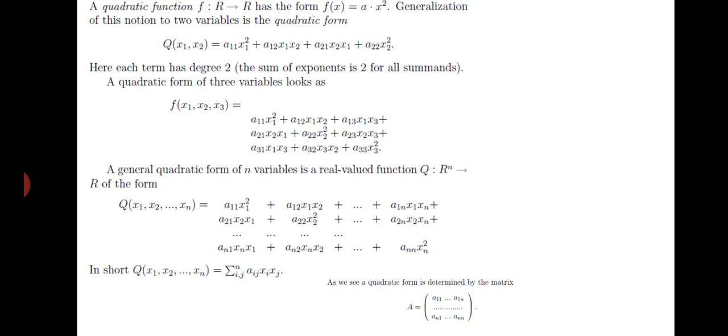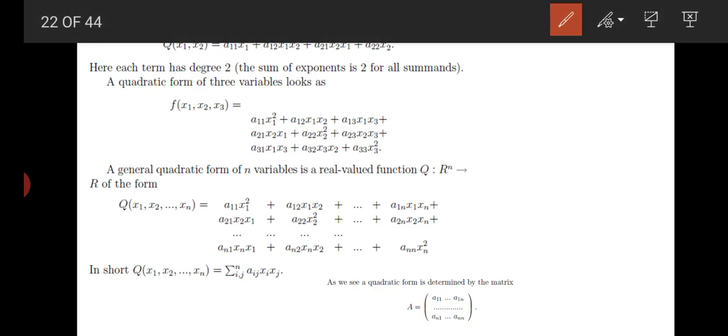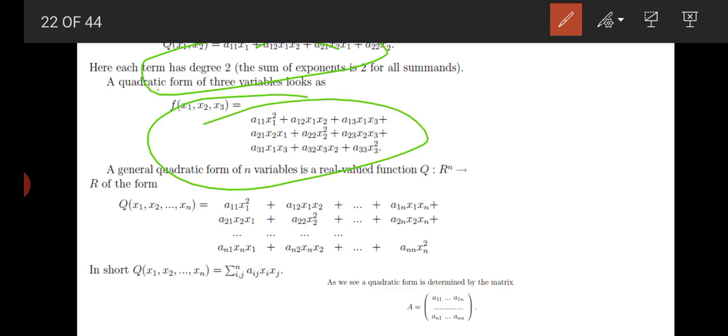Here we have taken two variables, and we could take three variables. Now we define the Q matrix in the generalized case of n variables.